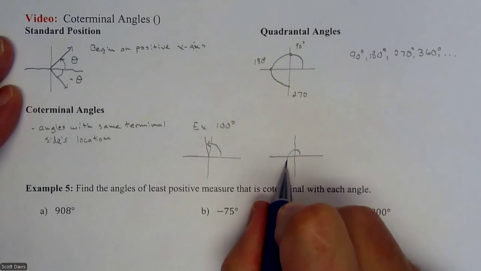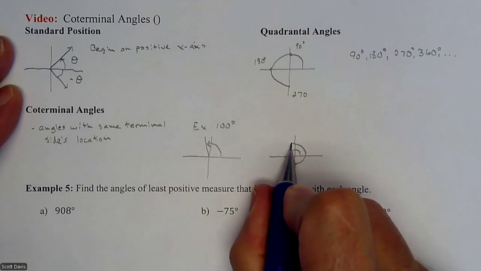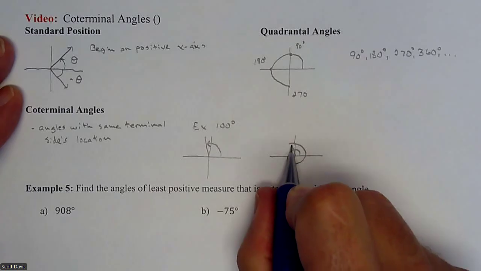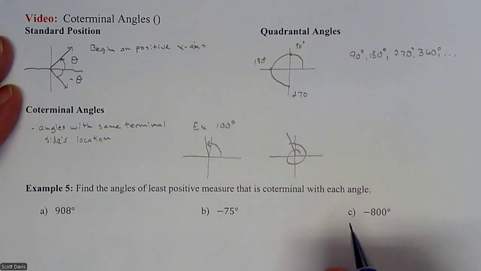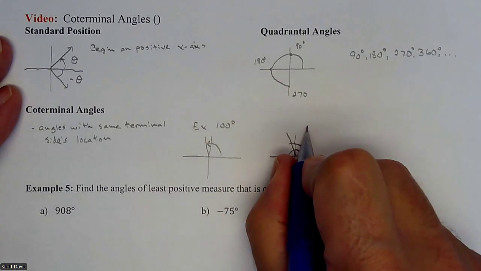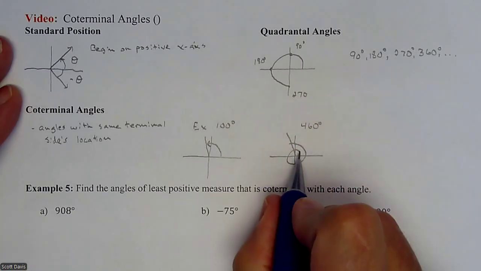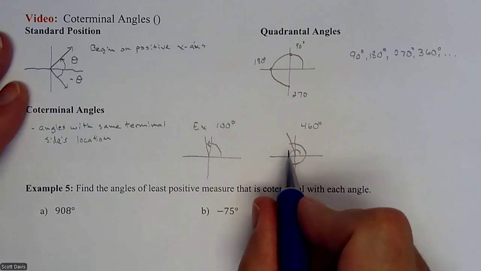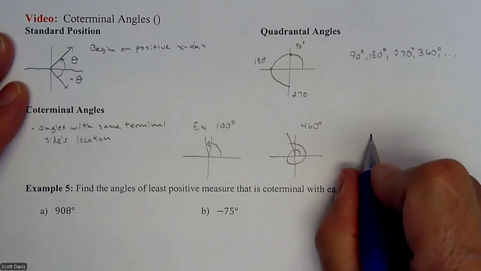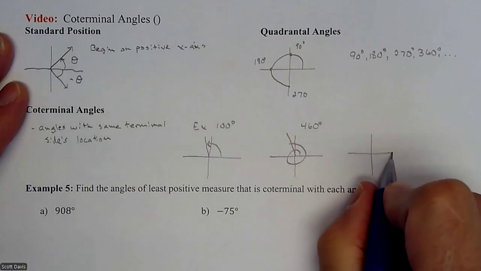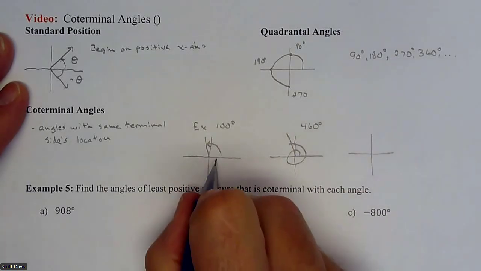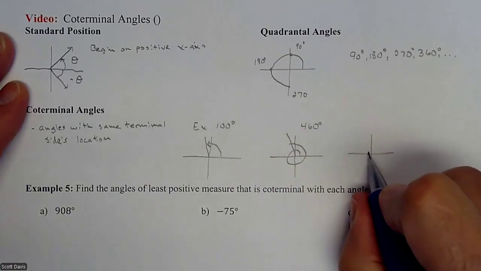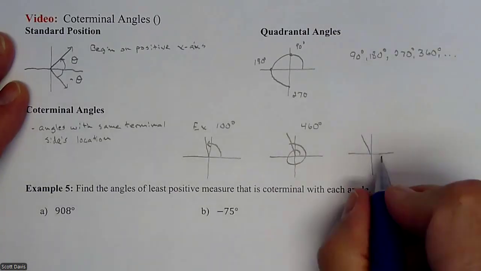But we could also graph something that would go all the way around and still end in the same spot. So instead of 100 degrees, this would be 460 degrees, because we would have gone 360 and then 100 more degrees. We could also go the other direction and still end in the exact same spot.